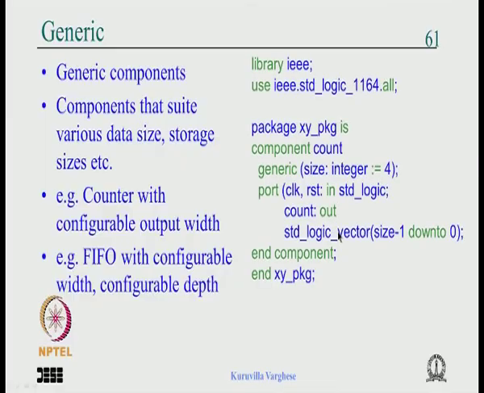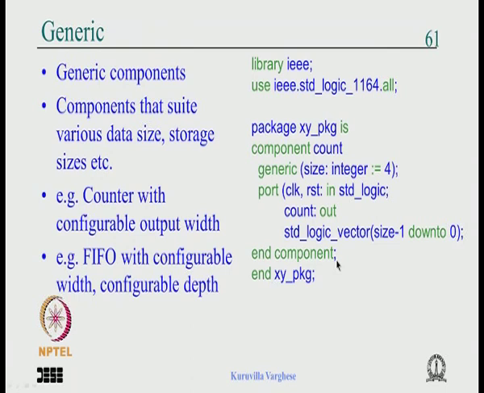It is up to your need and imagination. So let us look at an example of a generic counter, which can be configured upon instantiation. Let us look at the slide.